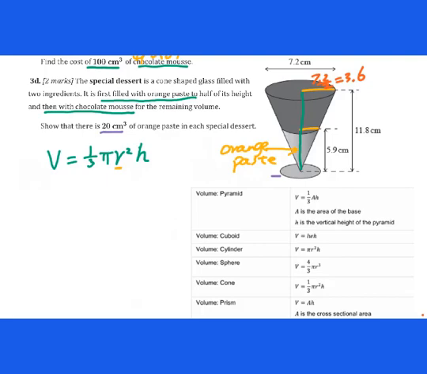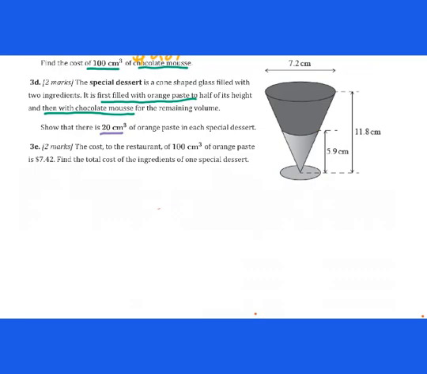And we know this is a half of the whole height. Therefore, this will be half of 3.6, which means 1.8, according to these two similar triangles. So we get 1/3 times pi times 1.8 square. Height will be 5.9. You will get 20.0 centimeter cubed. Let's go to 3E.